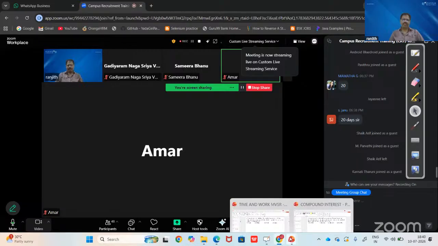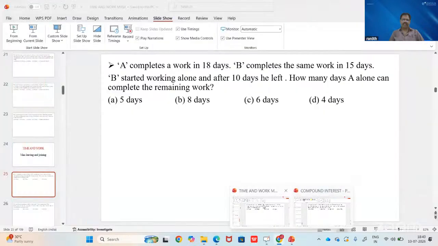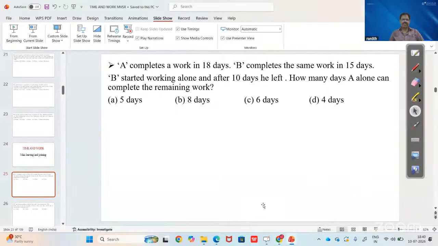A equals 18, B equals 15. In the 18 table, 90 is 5 times. In the 15 table, 90 is 6 times. B is working alone, after 10 days.